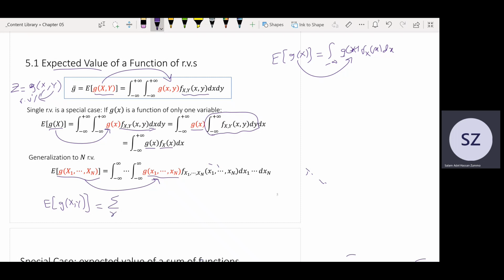Summation over all xi's, summation over all yj's, and then g of xi, yj multiplied by the probability of xi, yj. Okay. So again, the value of the function at xi, yj weighted by the probability of happening of xi and yj.